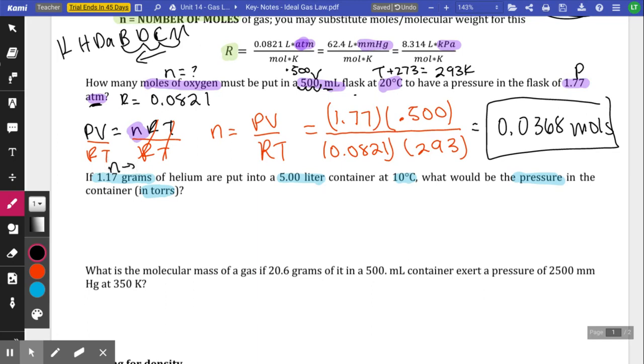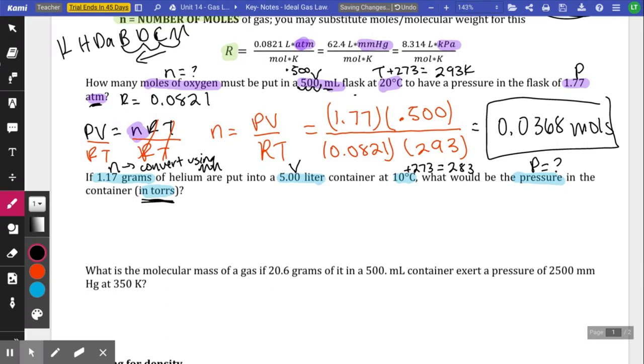That's going to be my n value, and I'm going to convert using my molar mass because I know it's helium. The 5-liter container is the volume. At 10 degrees Celsius, it's temperature, but we need to add 273, so that gives us 283 Kelvin. And then we want to know the pressure, and again, we want it in torr.